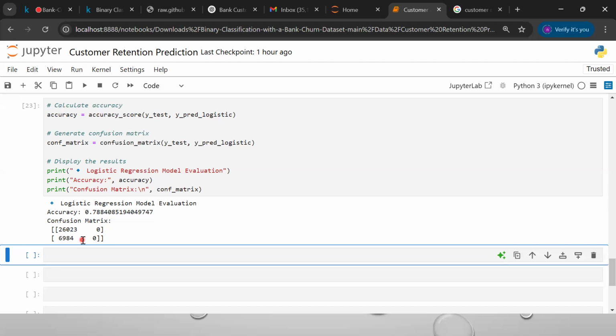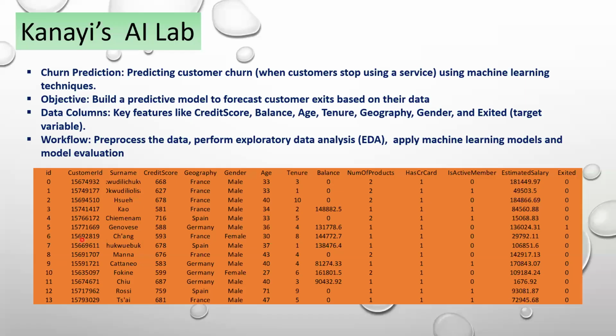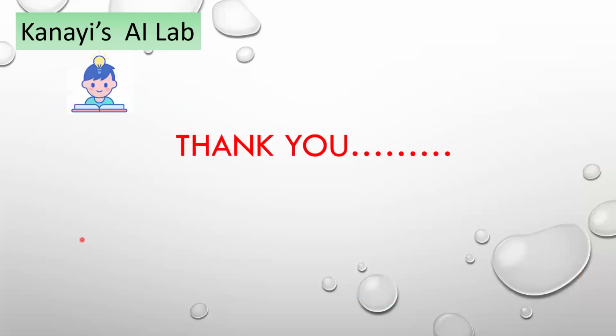So with that, we are going to conclude this video on identifying customer churn using the churn.csv file. Hope you understand the machine learning approach and the process of machine learning. Stay tuned for more informative content on machine learning. Thank you once again for watching this video.